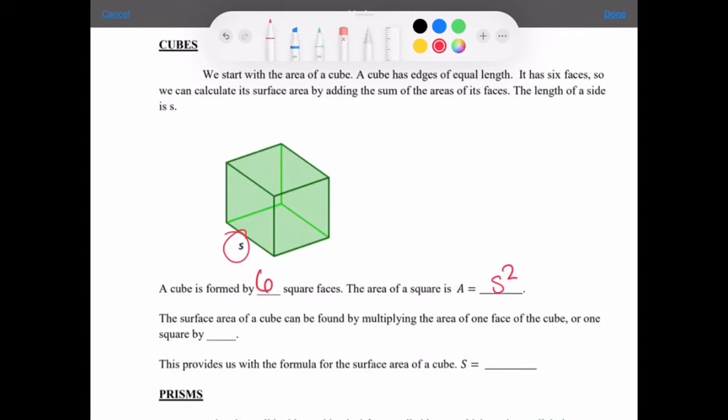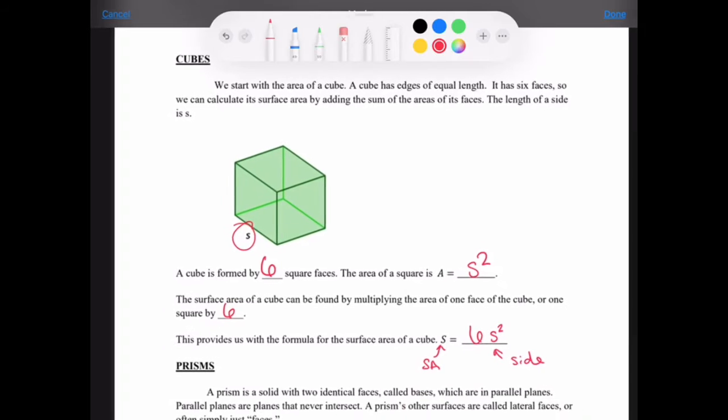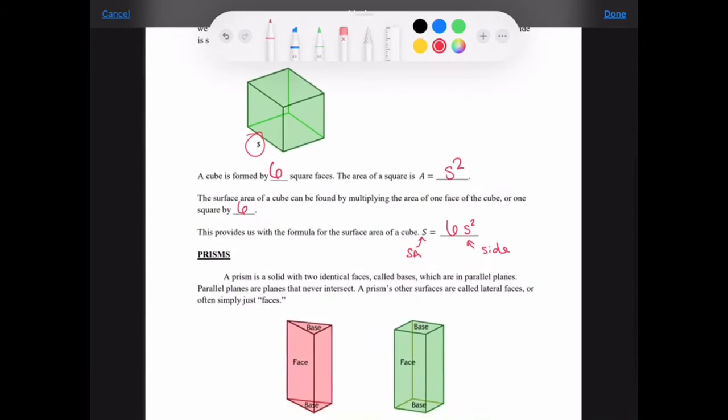So the surface area of a cube can be found by multiplying the area of one face of the cube, or one square, by 6, because area of each side times 6 sides. So the formula is S equals 6s squared. And this capital S stands for surface area, and this little s stands for side, just so you're aware of that. And that's it for a cube.